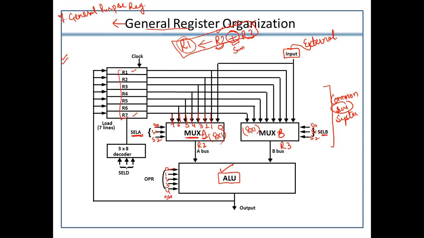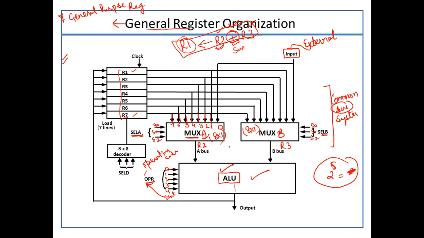OPR is nothing but the operation. With a 5-bit code, you can imagine 2 raised to power 5 combinations, so that many micro operations can be taken care of by this ALU, depending upon these 5 OPR bits.